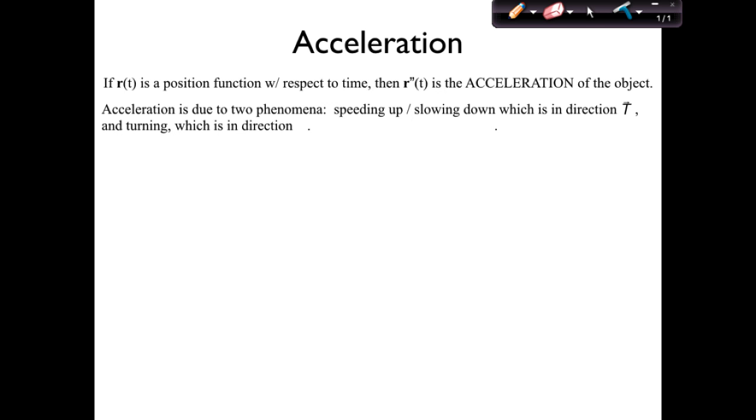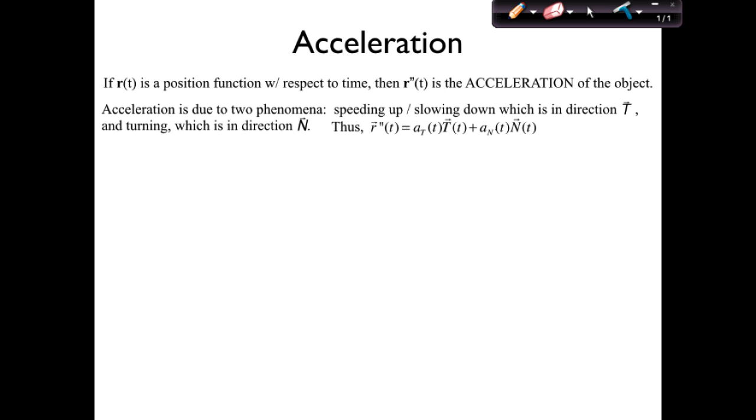So speeding up, slowing down is in the direction of T. And then the acceleration of turning will be in what direction? What's the direction of turning? N. So you have acceleration in the direction of N. So therefore, we can separate, so our second derivative, our acceleration, is going to be the sum of what?